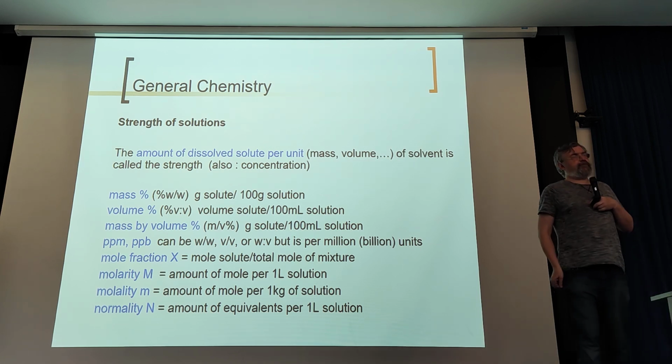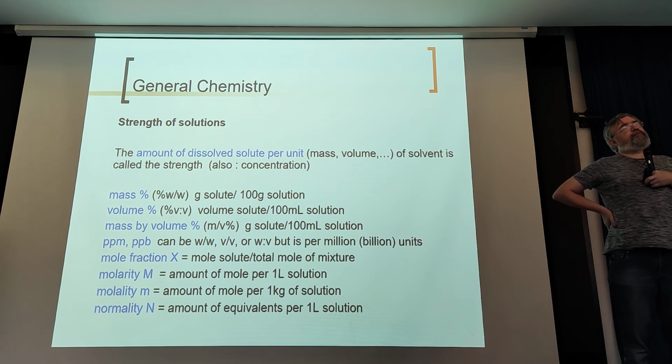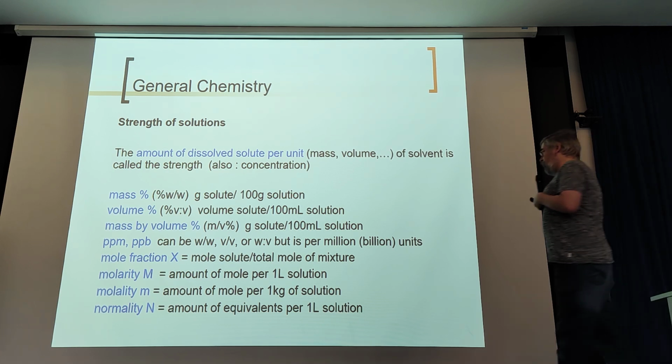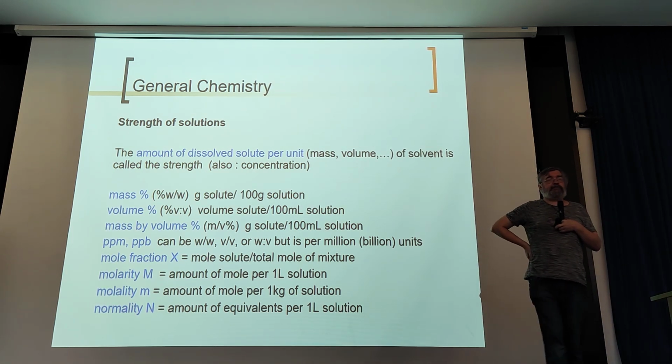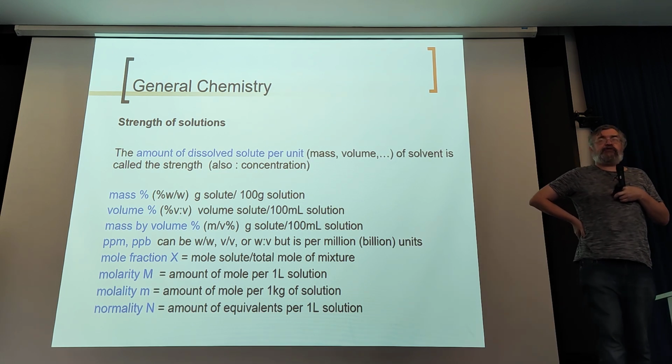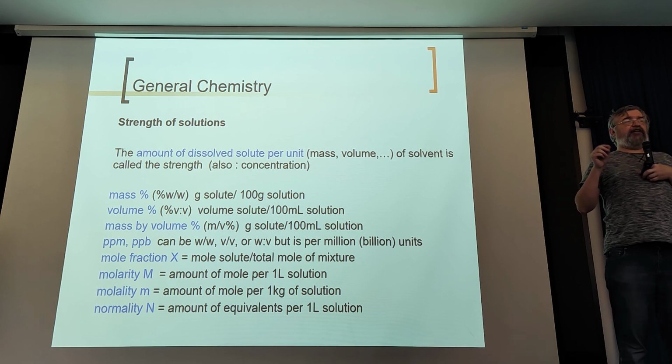In titrations, sometimes also normality is used. Now, this is the amount of equivalents, not the amount of mole, per 1 liter solution. What is the difference between mole and equivalent? Well, you have, for instance, an acid, like sulfuric acid. Sulfuric acid has 2 protons, H2SO4.